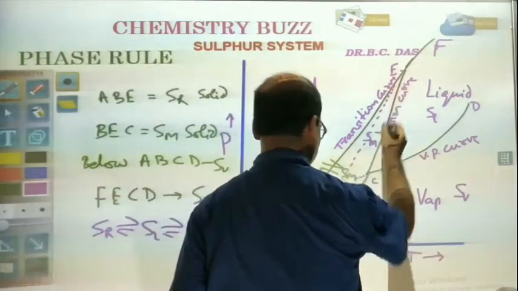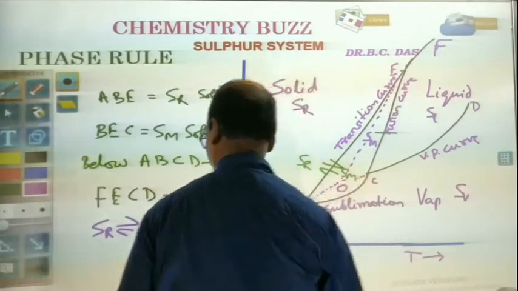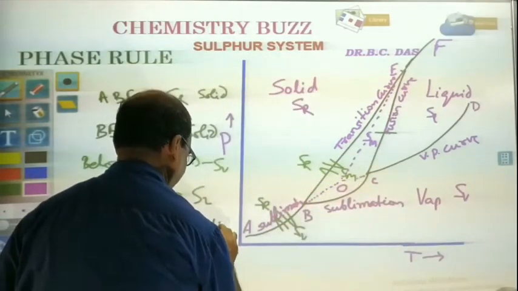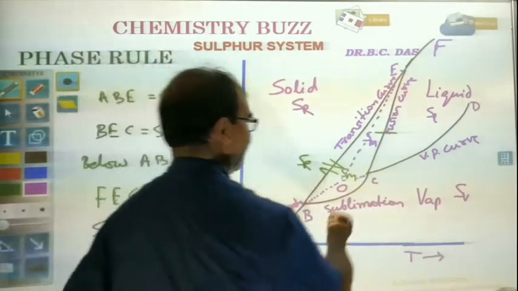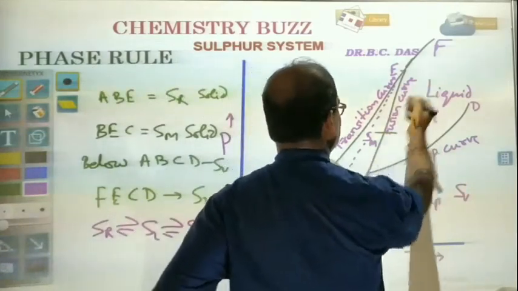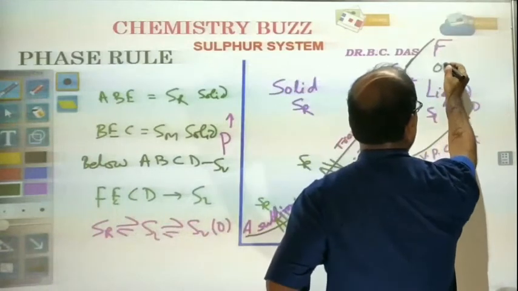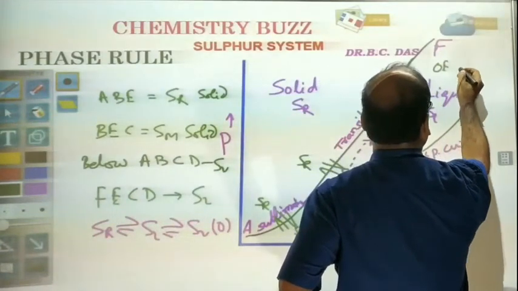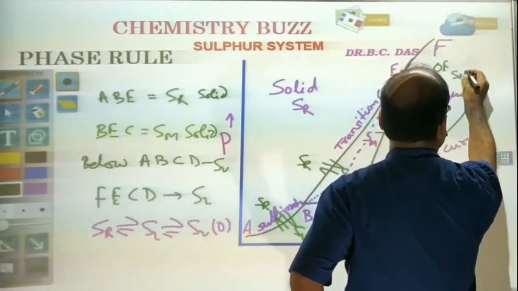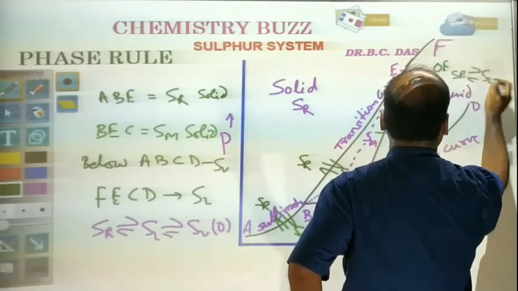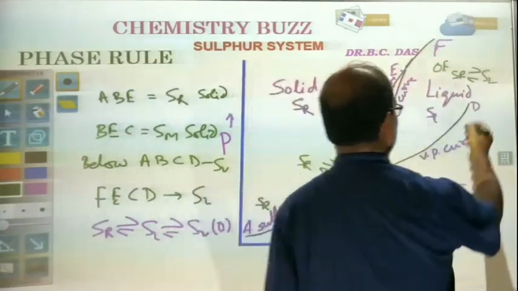So this is the metastable equilibrium, that is this point is O, and here we have OE, which is the SR and SL metastable equilibrium.